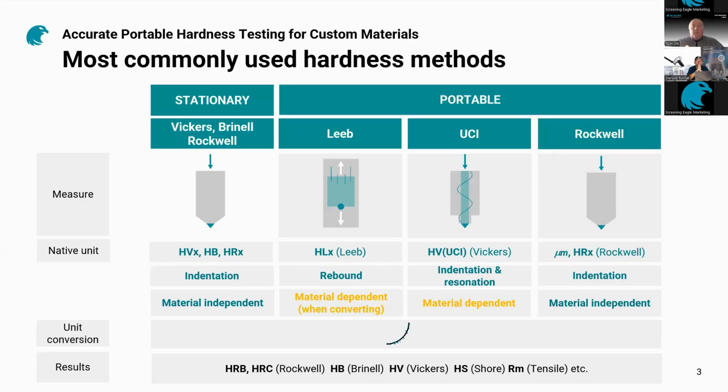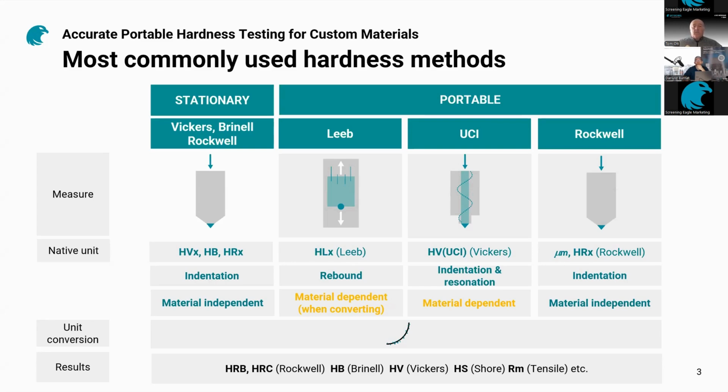So before we start talking conversions and correlations, we need to understand how the hardness test methods are working themselves. Oftentimes, we're talking about portable instruments today, but we're always compared with stationary test instruments like Vickers, Brinell, and Rockwell. Those are the three biggest. There are other test methods out there, but those are the most common.